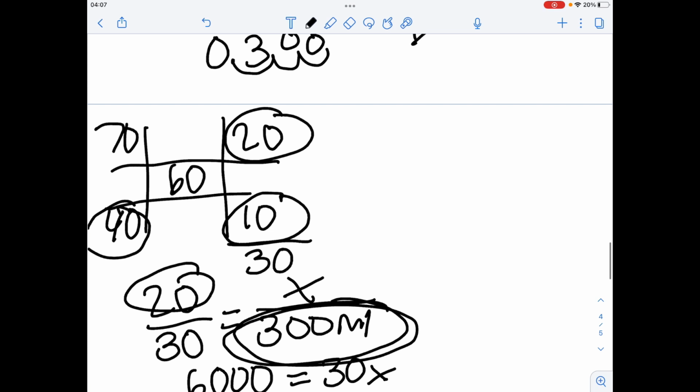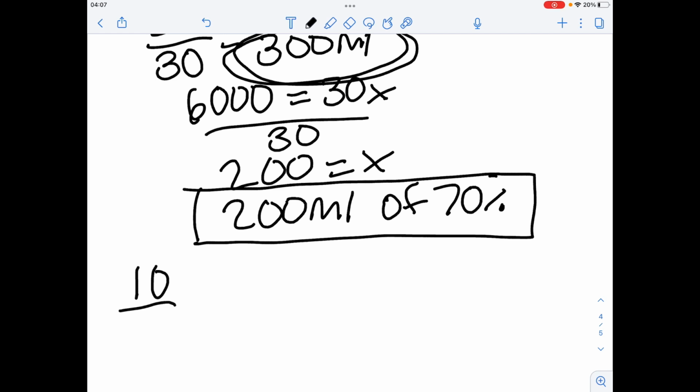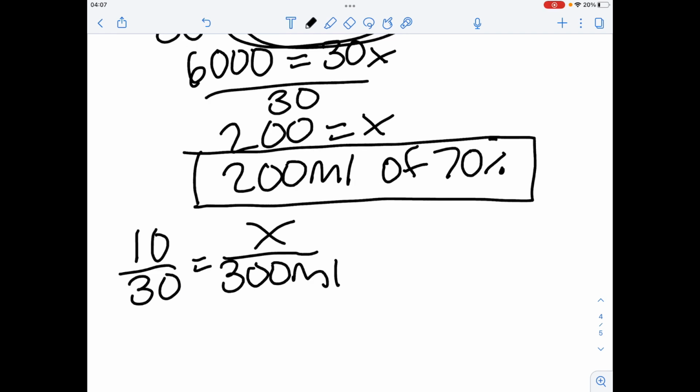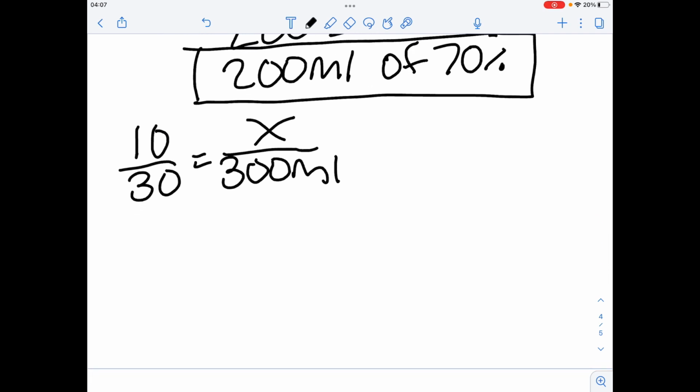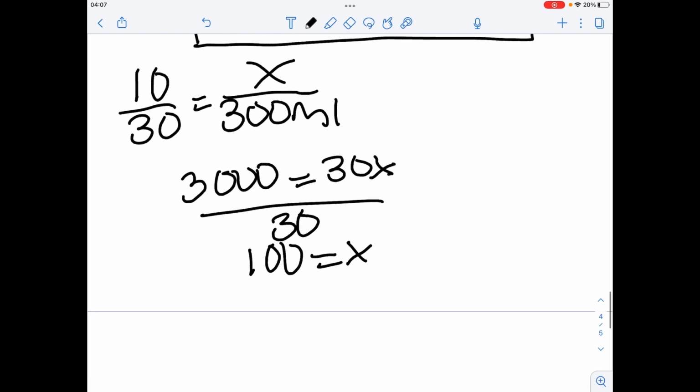Let's take our ratio, 10 over 30. Set that equal to x over 300 milliliters. Cross multiply. Divide both sides by 30 to isolate x, and we get 100 equals x, which is what we wanted.